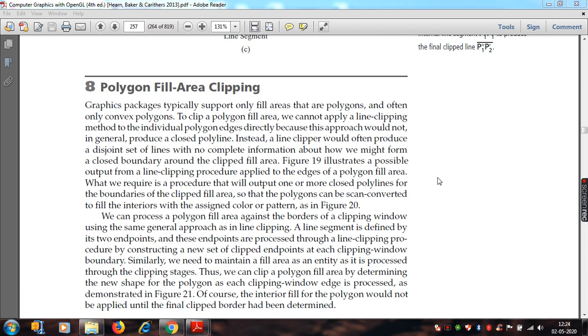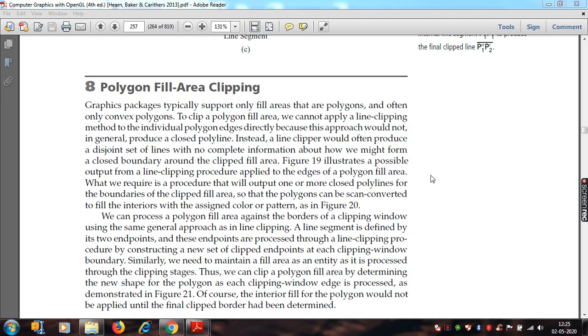In any case, whenever a clipping algorithm processes a line segment, the output is always a line segment within the clip window. But as far as polygon clipping is concerned, you may think a polygon is also a set of straight lines, an object built using certain straight lines.